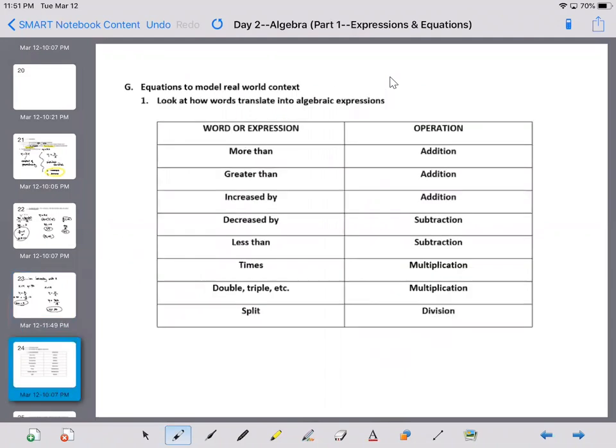All right, so now we're just looking more at expressions and the words that would be part of an expression.